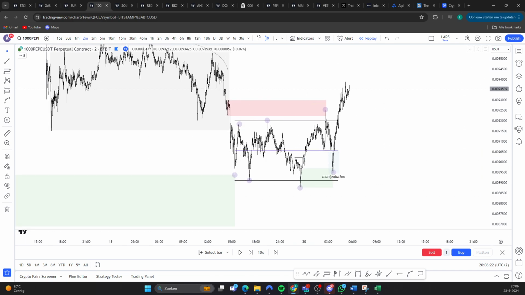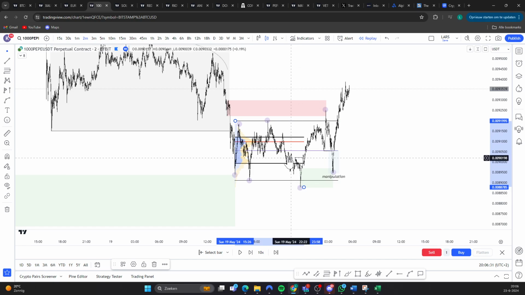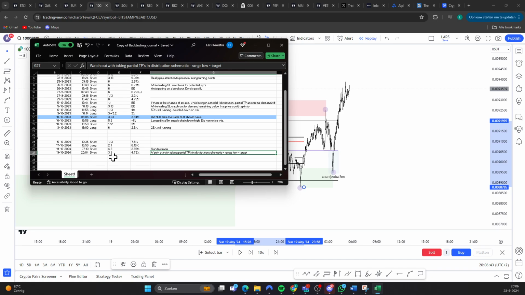It was just a simple Model 1. It was a 1.1. It was a long. 20th.